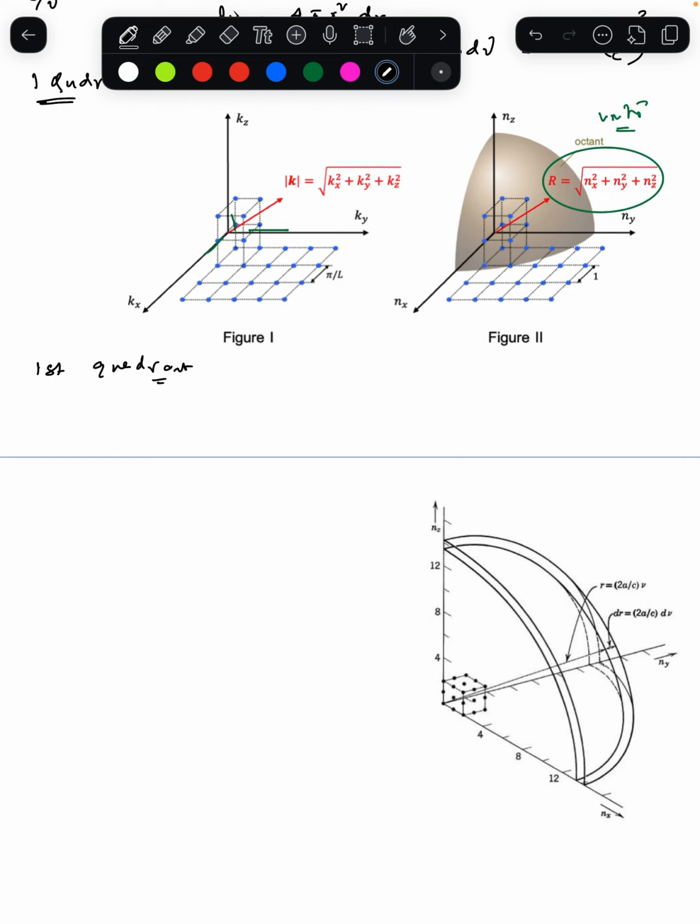So dv is equal to 32 pi a by c whole cube nu square d nu into 1 by 8. So it becomes 4 pi a by c whole cube nu square into d nu. This is the calculation that we got, right?